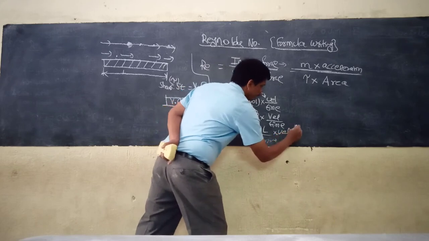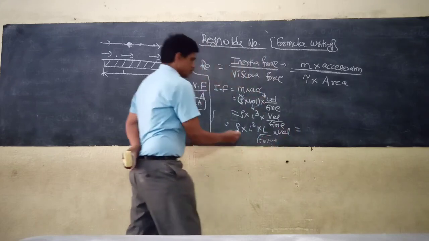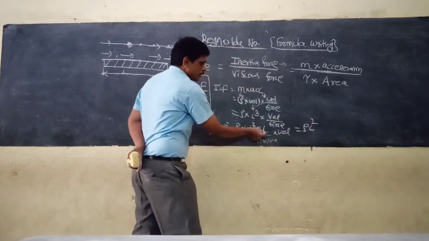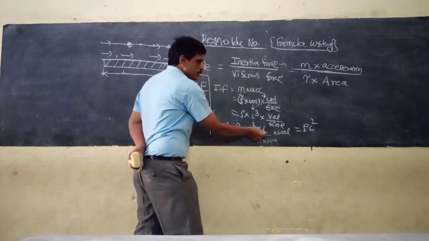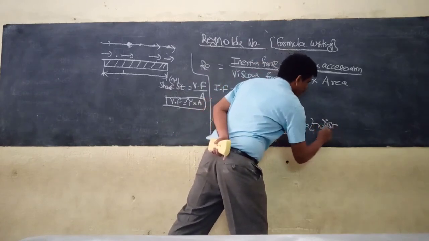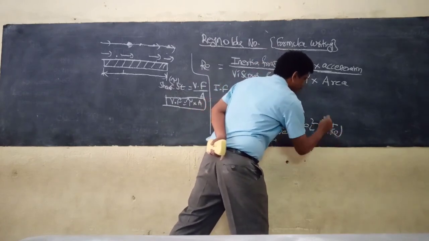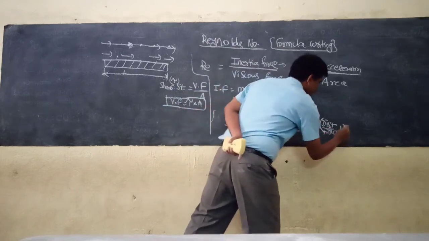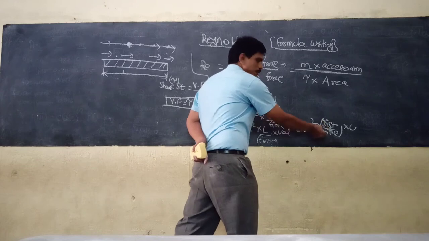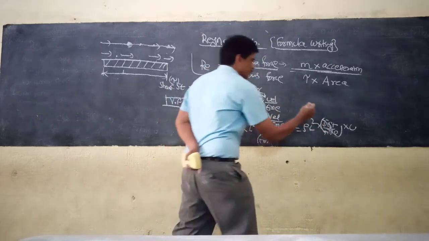So rho into L square into L, where L is the dimension for the distance, is written as distance by time, into velocity. What is meant by distance by time? The distance by time is nothing but again the velocity.